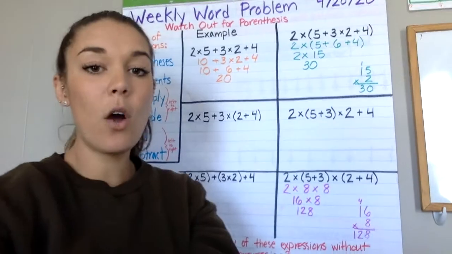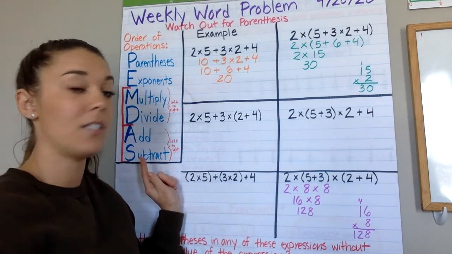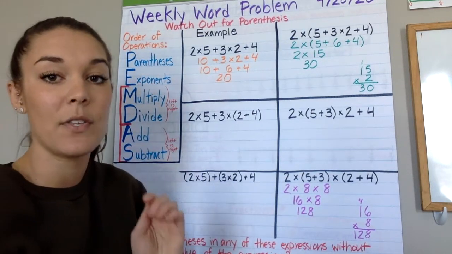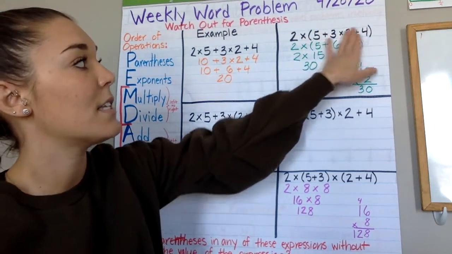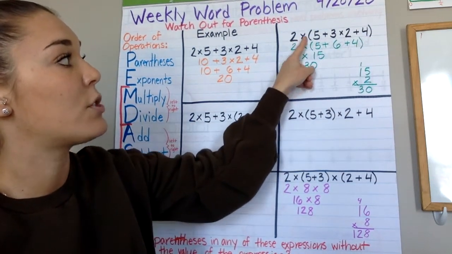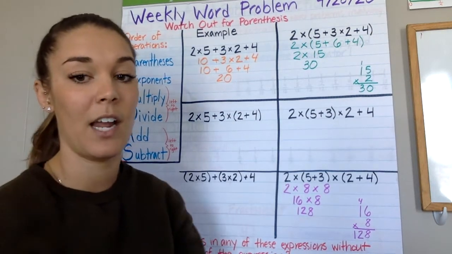So we know we cannot do that, boys and girls, because according to the order of operations, we have to do the parentheses first. So for example, if we just ignored the parentheses in this problem, and we did 2 times 5 plus the rest, that's going to get us a different answer.